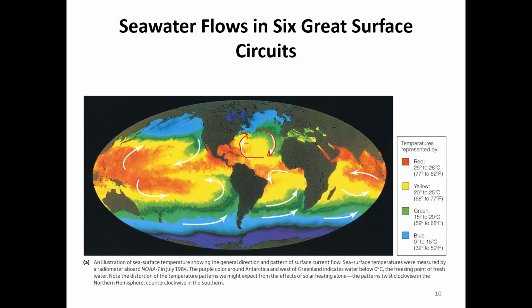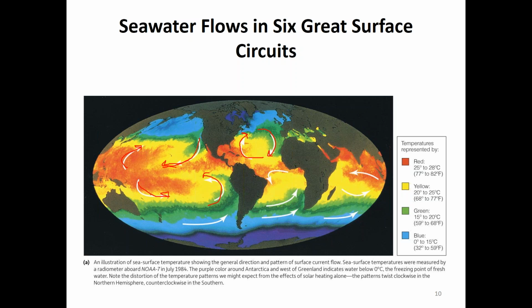So we can see, for example, that circulation in the North Atlantic Basin. We can see it in the South Atlantic Basin, in the South Pacific Basin, and in the North Pacific Basin. Warm water is taken up to high latitude, and cold water is brought down to low latitude. You'll notice the circulation in the northern hemisphere is clockwise, and the circulation in the southern hemisphere is counterclockwise.